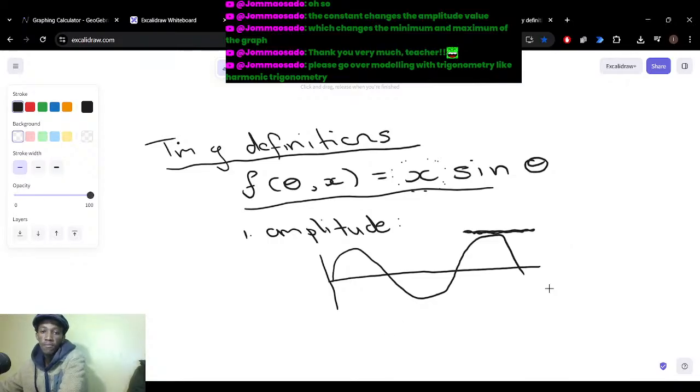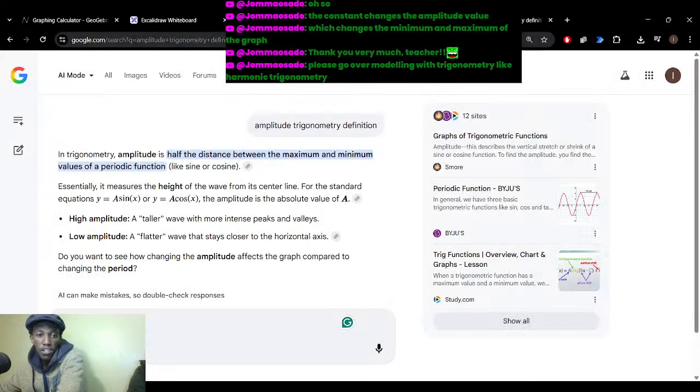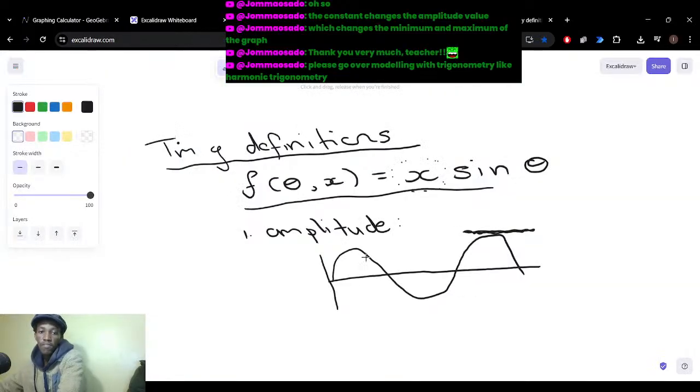So we are still defining the amplitude. Okay, let's go back to our AI. So amplitude is half the distance between the maximum and minimum values of a periodic function. Okay. So what does that mean? Given this periodic function, let's say this here is 1, ne?